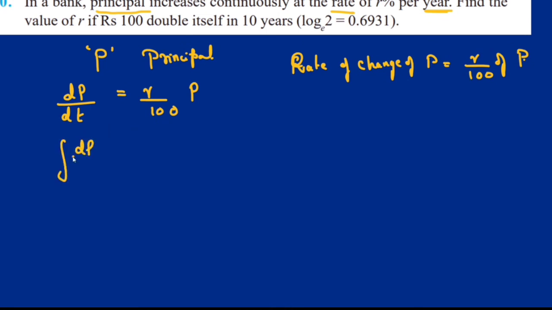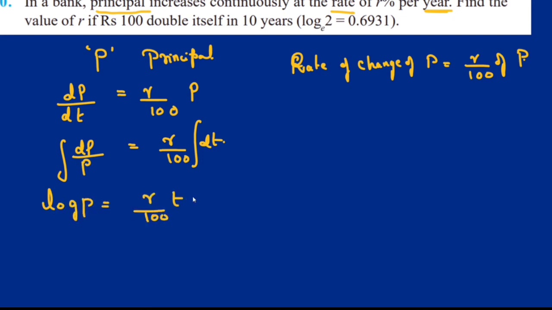So dP by P equals R by 100 dt. R is a constant, so the rate is not changing. So log P is R by 100 into T plus C. Now we have to find the constant.